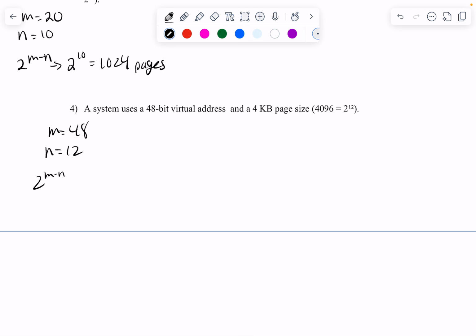To get the number of pages, this is going to be 2 to the 36th. It's going to be a very large number of pages that we're going to need in order to fulfill our address. So, all right, there you go.